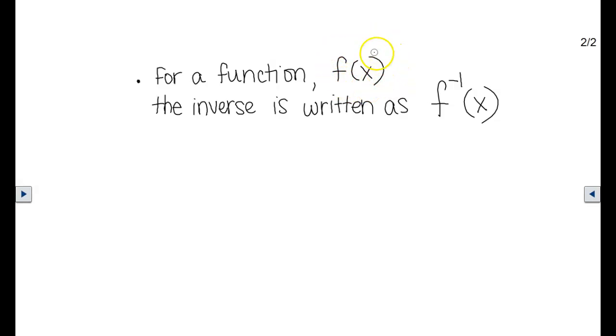So f of x is the way we write the function, and then this is how we write the inverse of that function. The -1 is what tells you that it's the inverse.